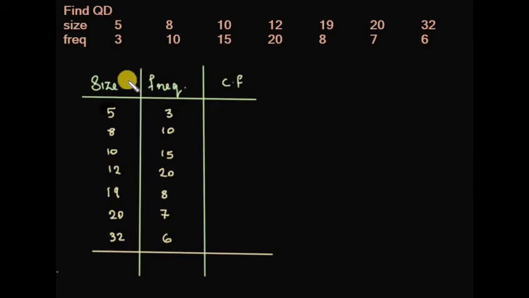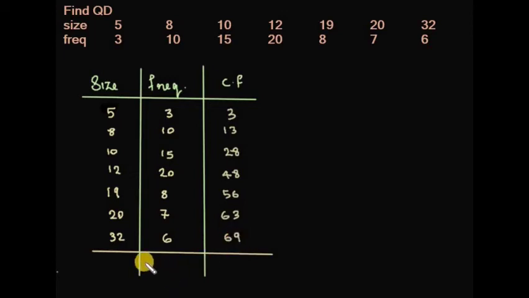Here in this table you can see size and frequency, and here it is cumulative frequency. We already know what cumulative frequency is. The first frequency is 3. Then 3 plus 10 is next, 13, then 13 plus 15, 28, 28 plus 20, 48, 48 plus 8, 56, 56 plus 7, 63, and 63 plus 6, 69.